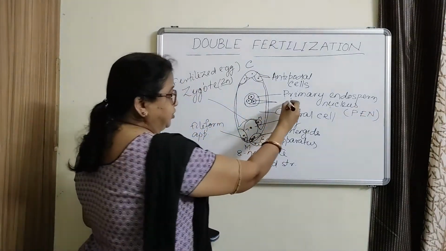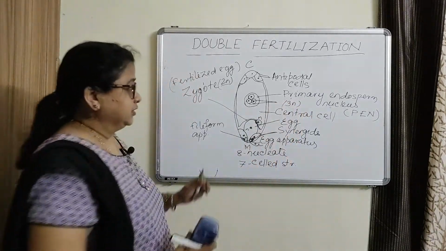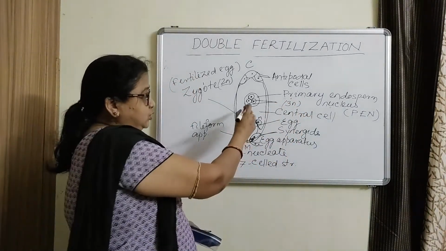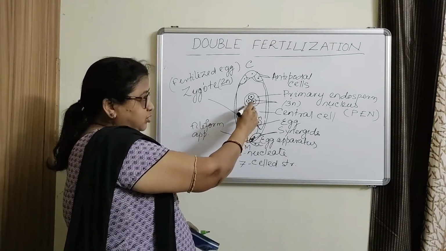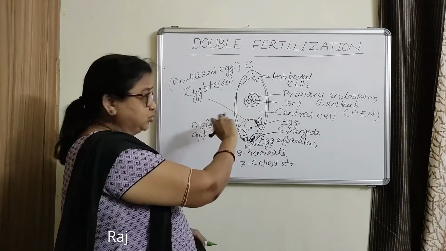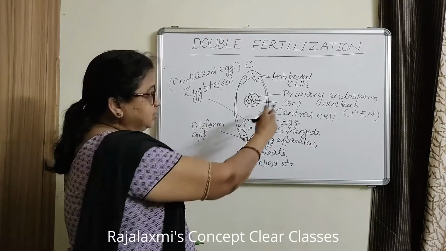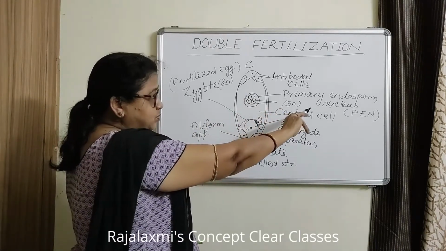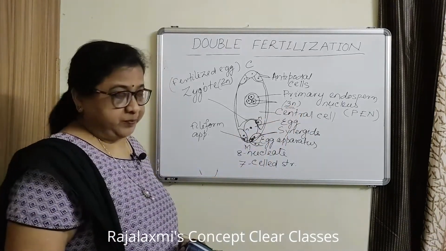It is triploid, that is 3n, because the two polar nuclei contain n number of chromosomes, and the male gamete also contains n number of chromosomes. So fusion of these nuclei results in the formation of the primary endosperm nucleus, which has a triploid structure.